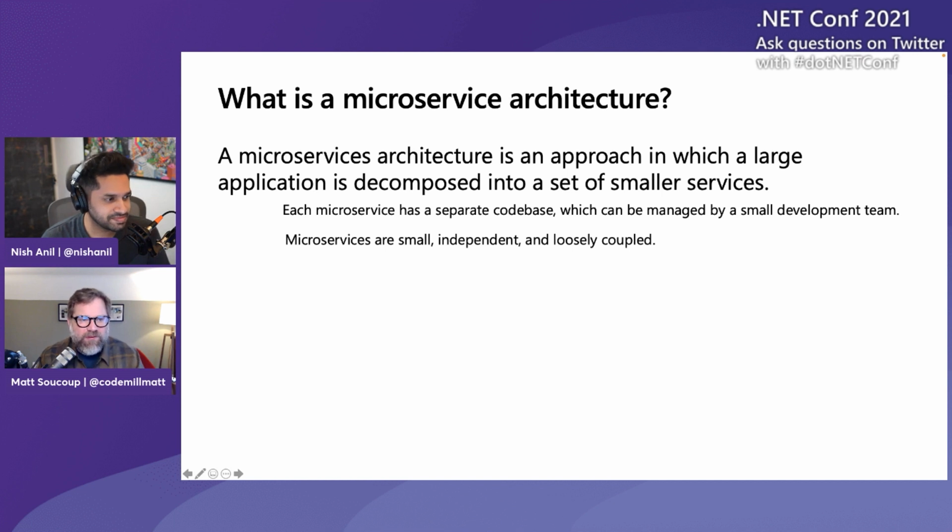But microservices are small, independent, and loosely coupled, which is nice because Nish, if you're working on your development team, you take care of what you have to do, I take care of what I have to do, and they're loosely coupled. In monolithic times, you basically have modules in the application.